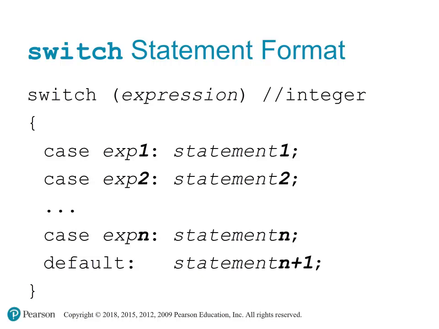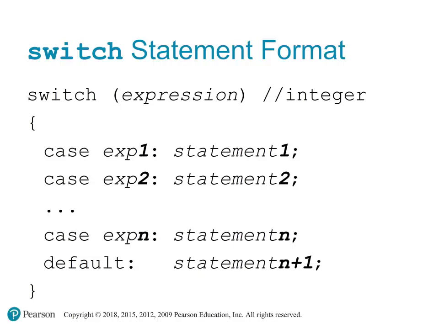The expression in the switch statement must be evaluated to an integer or an enumeration. It cannot be a floating point number or a string, so either an integer or a character.